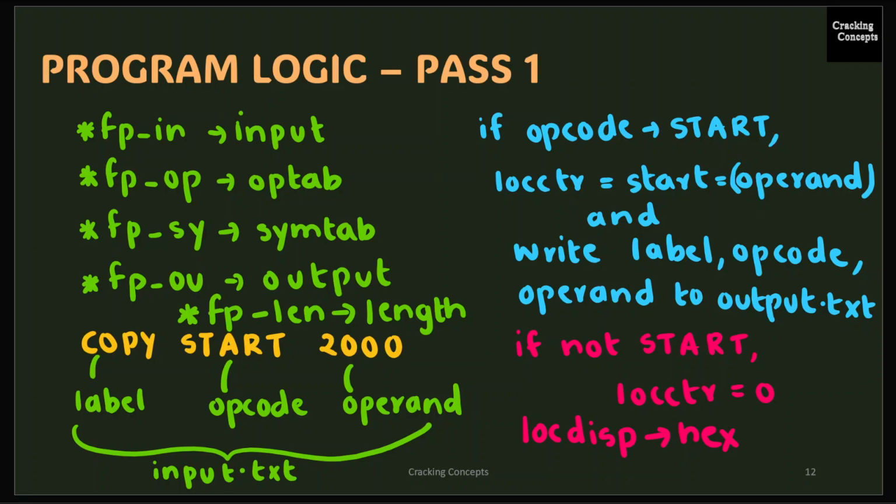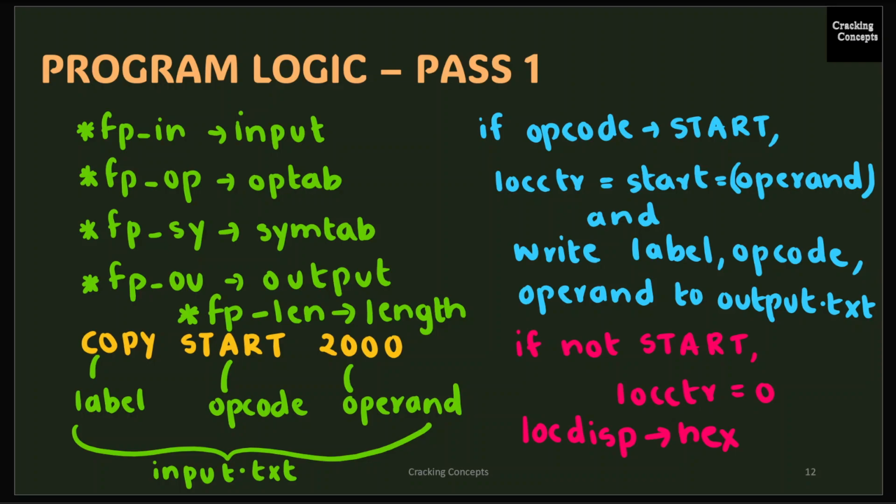So whatever output I'll write in the file will be in decimal format. All the numbers, the location counter updation will be in the decimal format, and whatever I'll print on the terminal will be in hex format. The number updation, that is the location counter updation, will be done in hex format.